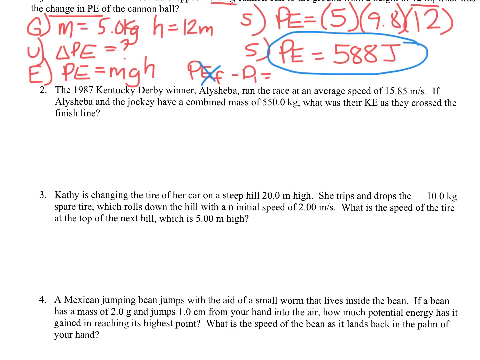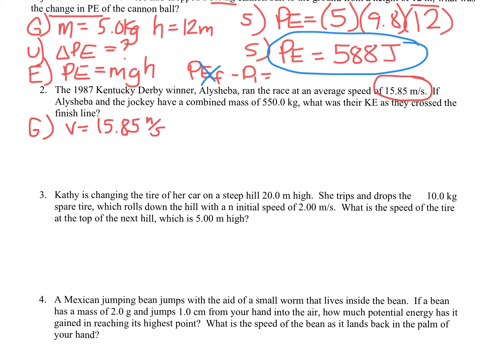Question number 2 says, in 1987, the Kentucky Derby winner, Alysheba, ran the race at an average speed of 15.85 meters per second. All right, so right off the bat, that looks like I am given a velocity. So I'm going to write that down. I don't know if I'm going to use it, but I'm going to write it down because it's given to me.